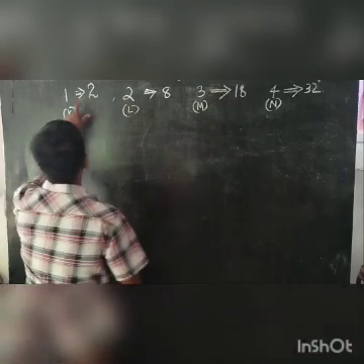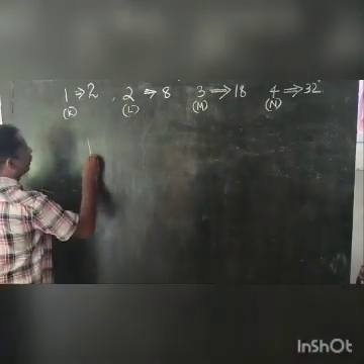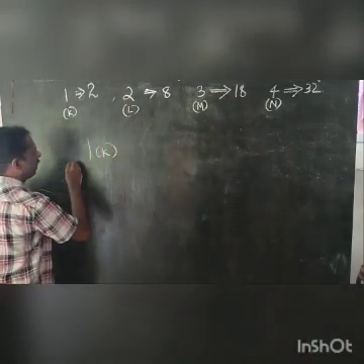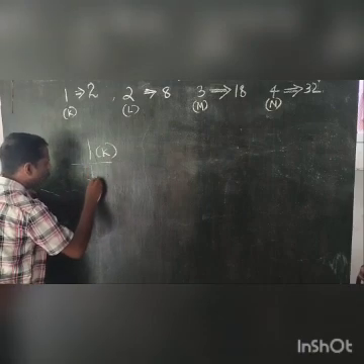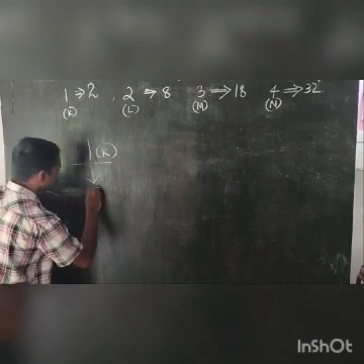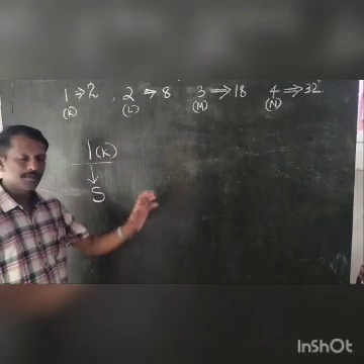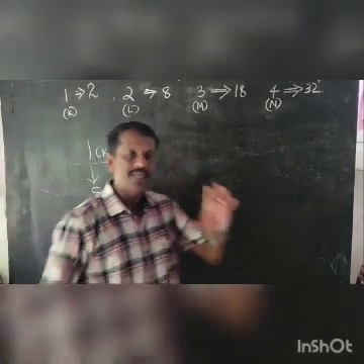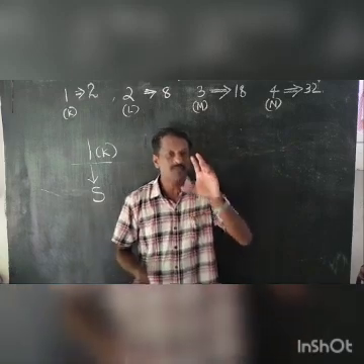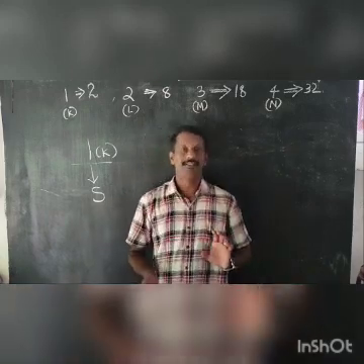This K shell has only one subshell, that is the S subshell. Once again, according to the modern concept, each shell has one or more subshells.